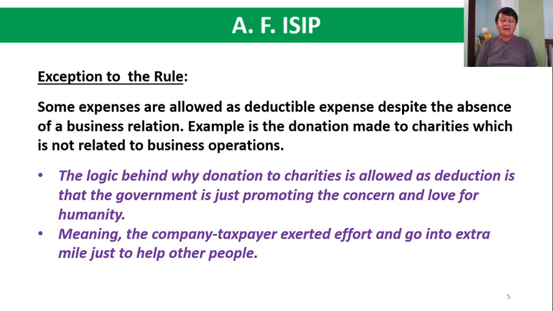So the company spent extra time just to help other people. And this is the second reason or logic why the BIR allowed donations to charities as a deductible expense.